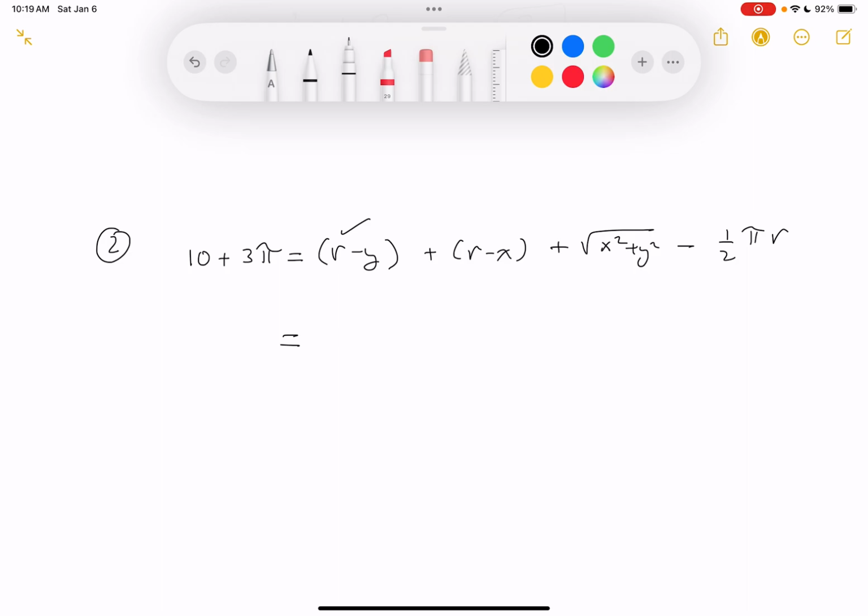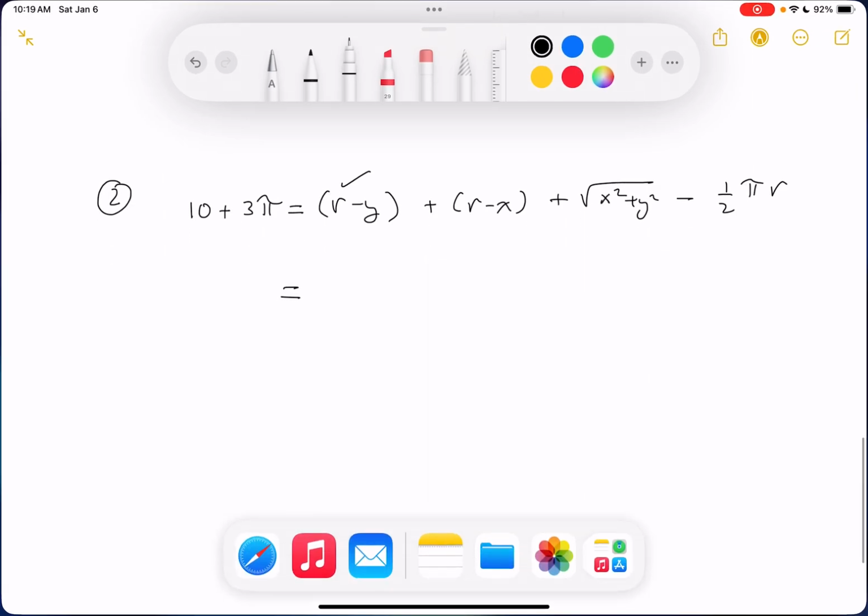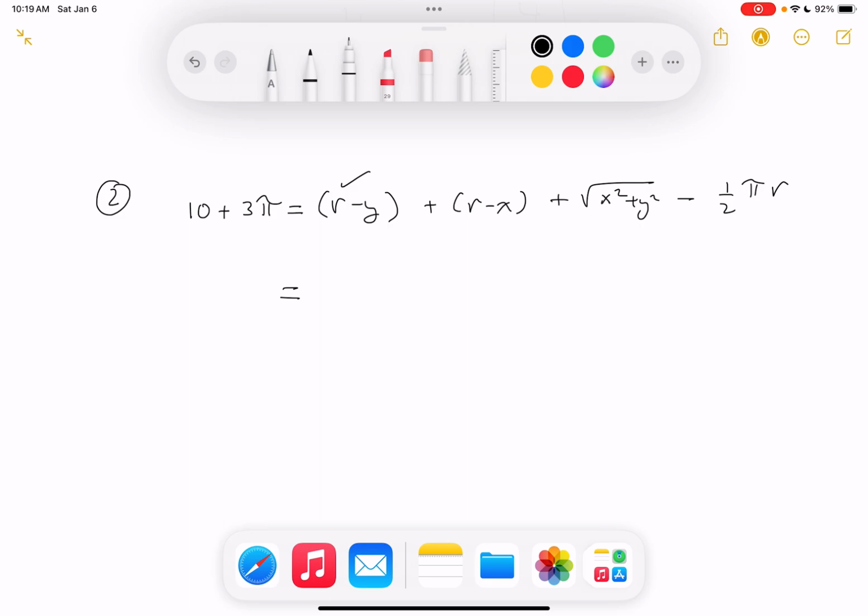I'm looking at that and wondering what to do. The x is kind of disturbing though, but not totally. And I want to go back to that picture.